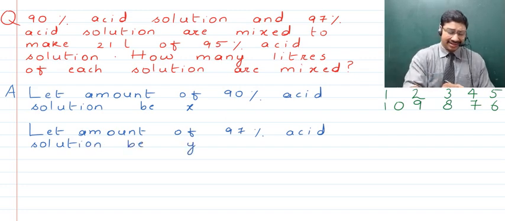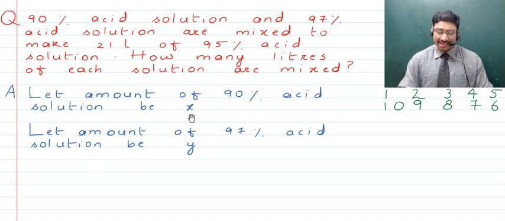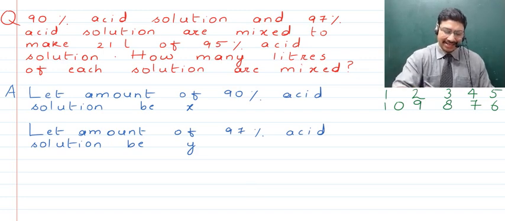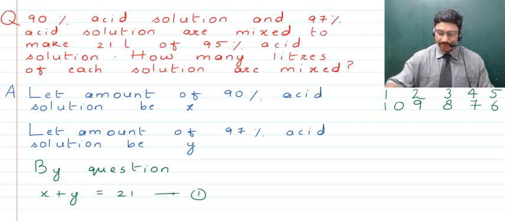Now since, children, in the last statement we've been given that the total amount of the solution which is made is 21 liters, we can say that x plus y is 21 liters. We know this, that x plus y will become equal to 21. So children, this is the first equation.